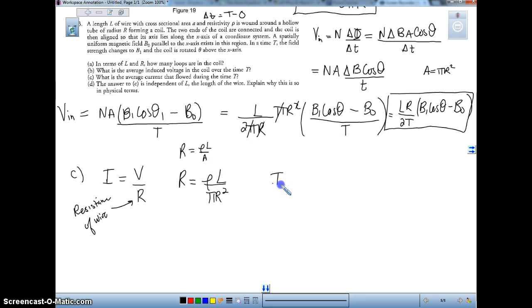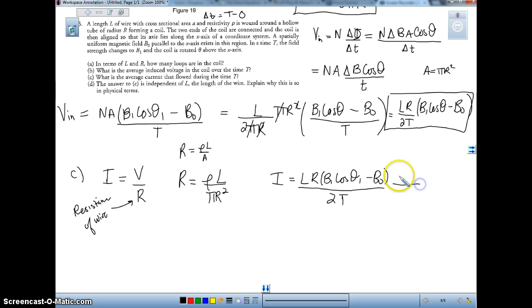I is going to be, here we go, LR B1 cosine 1 minus B naught over 2t. Now we're going to divide by r. So I'm going to take the reciprocal of that, because that's the same as dividing by 1 over r.